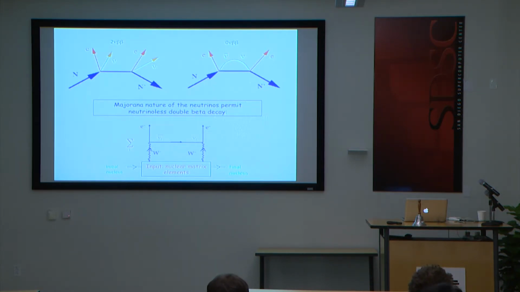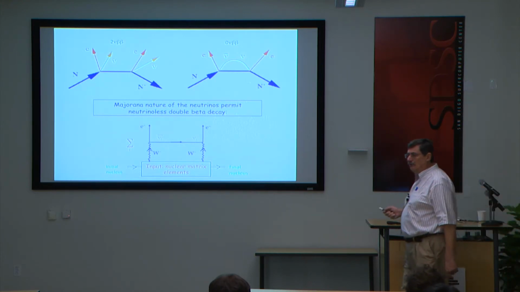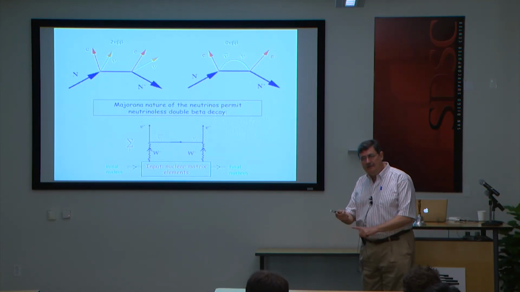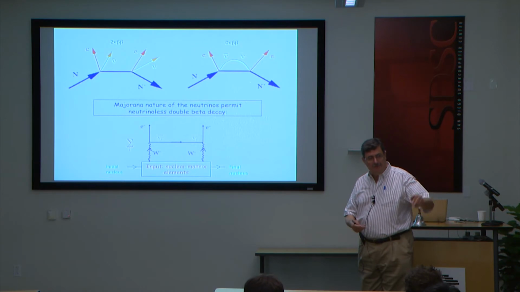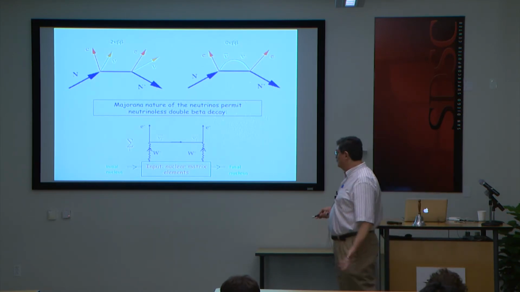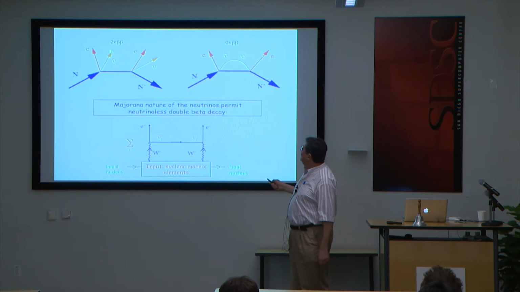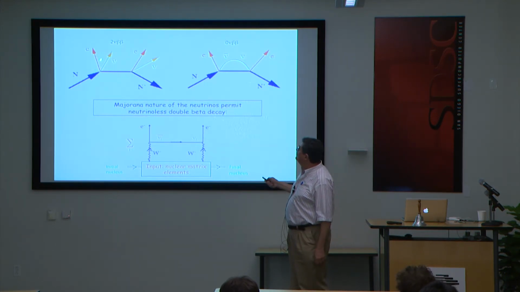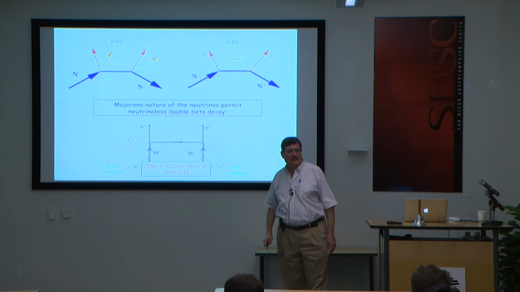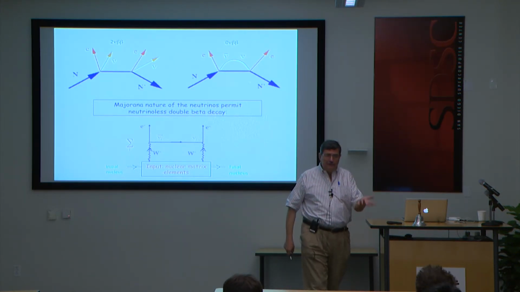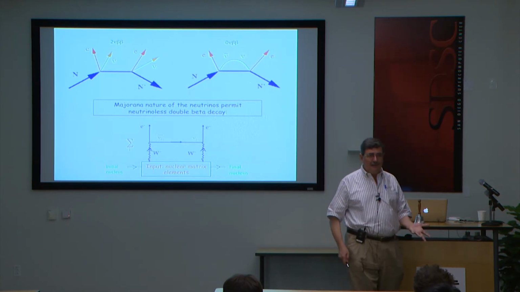But anyway, if the neutrinos are Majorana type, then they are their own antiparticles, if you wish. When you charge conjugate the standard neutrino, it becomes antineutrino. Then the neutrino emitted in the first vertex can be absorbed in the second vertex. Then you would also have a double beta decay.